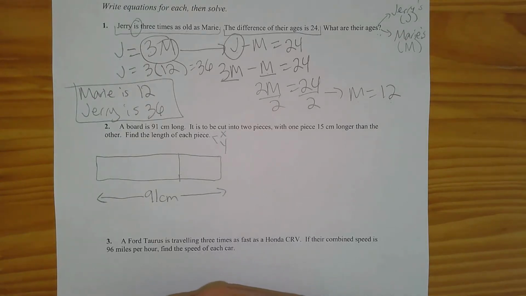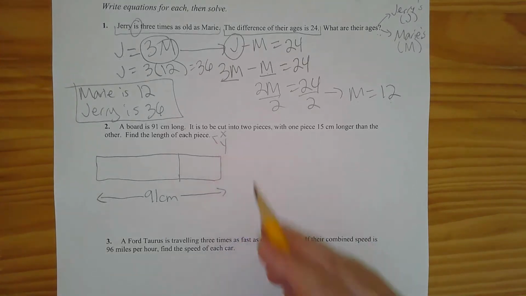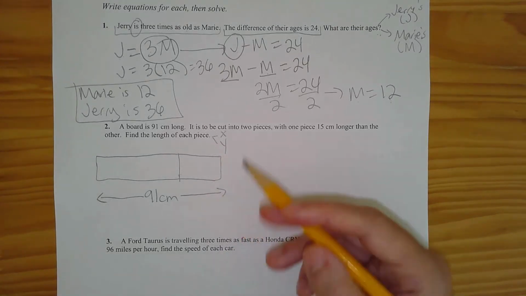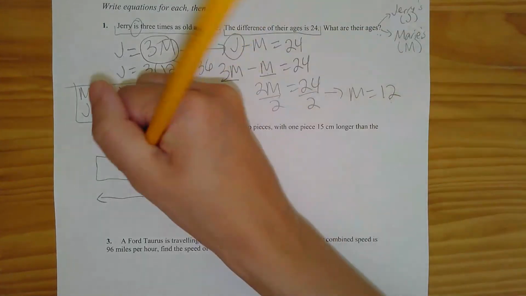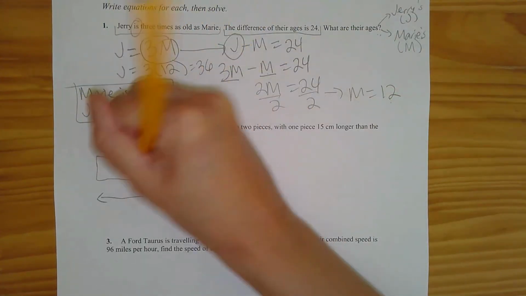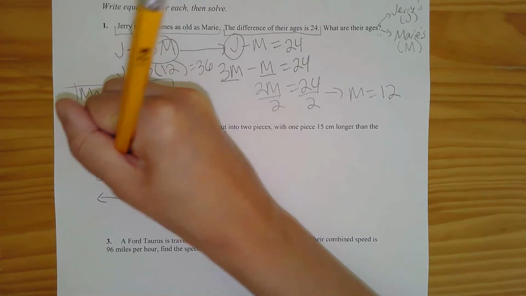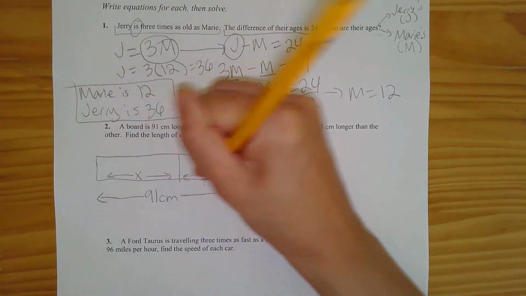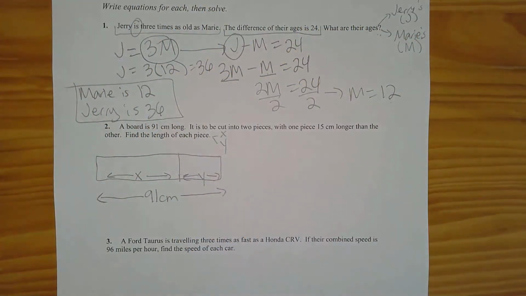Find the length of each piece. Okay, so with each piece, I just made them X and Y. You can make them whatever you'd like them to be. So let's say that this piece is X and that piece is Y. And that's kind of what I'm starting out with.